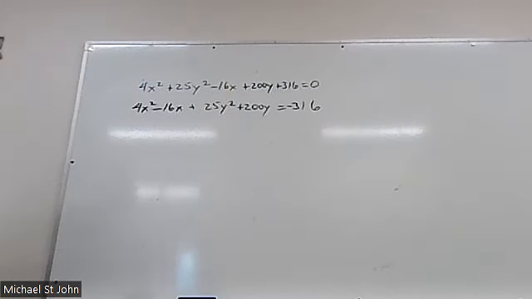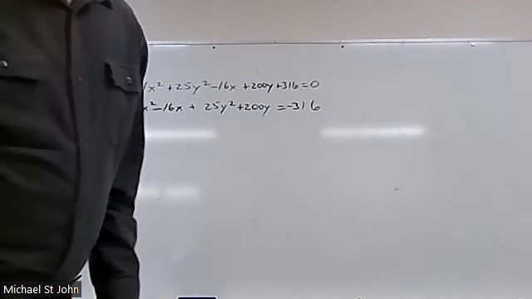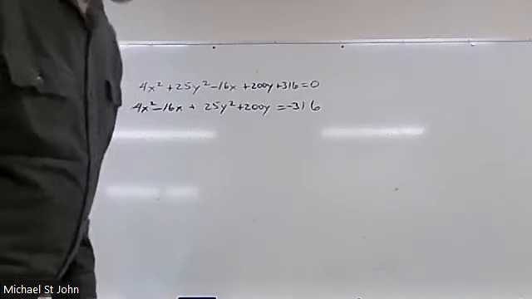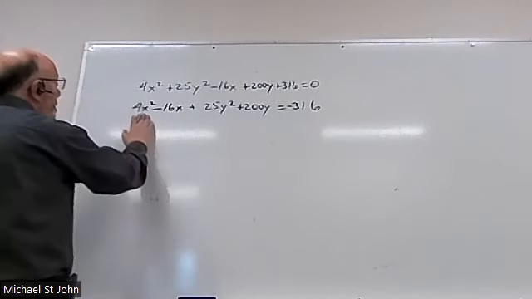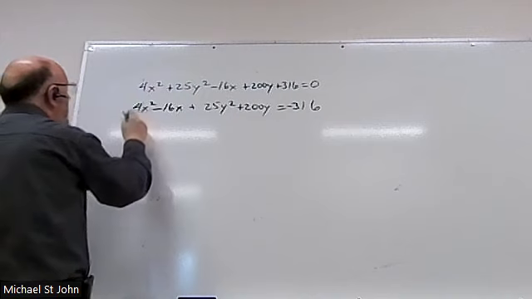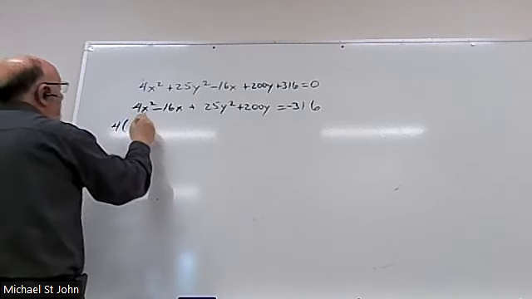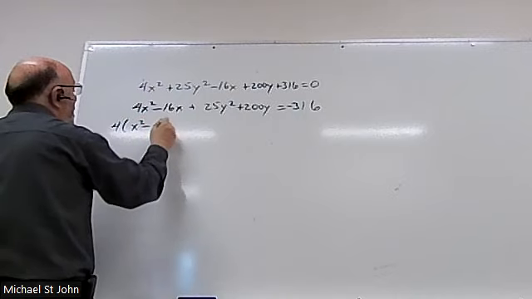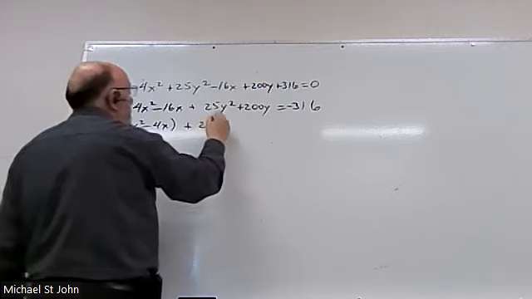Well, now we got to do some completing the square in order to get our equations. And so to do that, we got to first make the number in front of the squared terms 1. So we'll take a 4 out. So it'll be x squared minus 4x. And then here we'll take the 25 out.